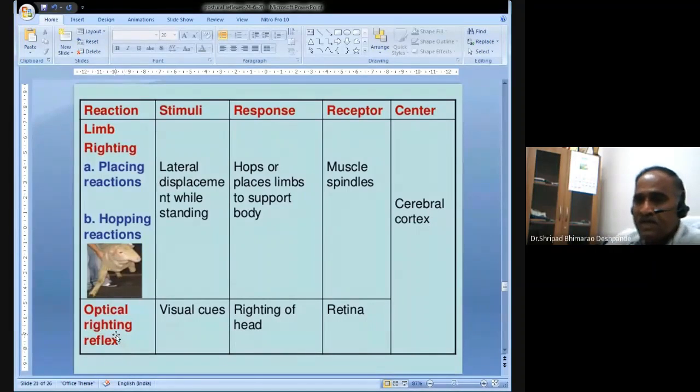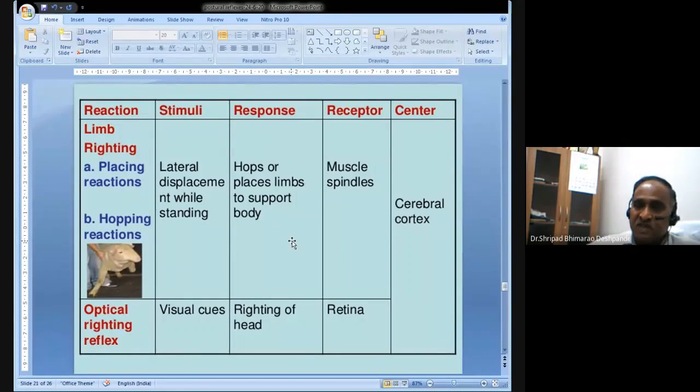Another important righting reflex comes from the visual cues. These are called visual righting reflexes or optic righting reflexes. These optic righting reflexes originate from vision, and they try to orient the entire head, the body and the neck, because we see things and we orient ourselves. That is the righting reflexes.